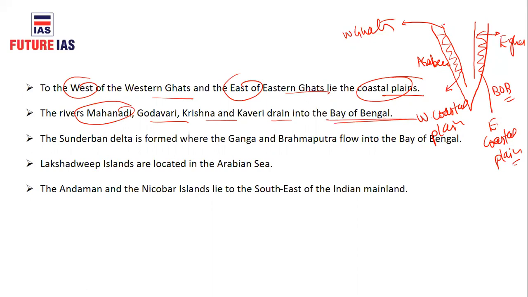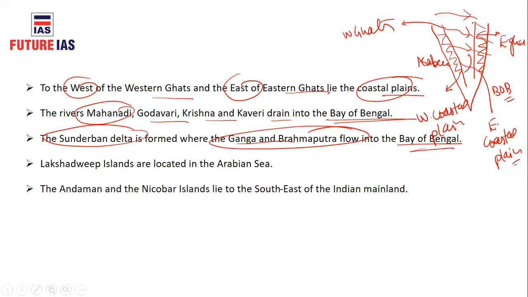That means they flow towards the Bay of Bengal. And the Sundarban Delta is formed where the Ganga and Brahmaputra flow into the Bay of Bengal. So if you see the diagram, you will have the Sundarban Delta, which is formed by the two major rivers, the Ganga and the Brahmaputra.